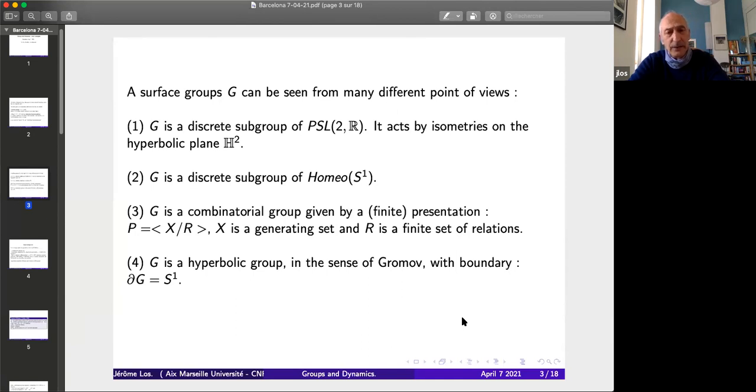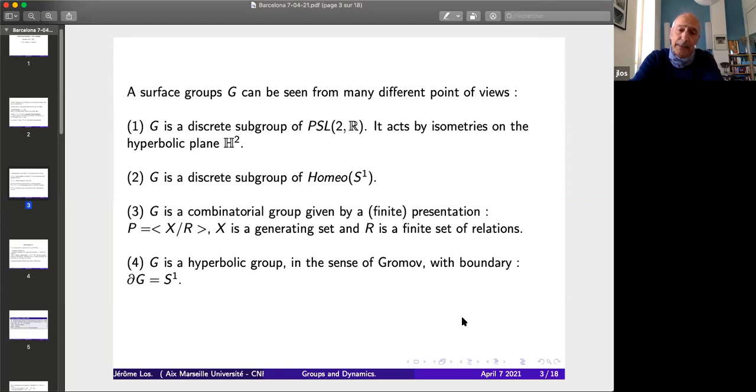And it's classical that this acts on the hyperbolic plane H2 and also extends to the boundary. So extending to the boundary means that on the boundary, the group acts as a discrete subgroup of the homeomorphisms of the circle. And we'll see that later.